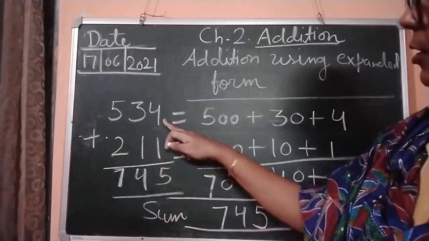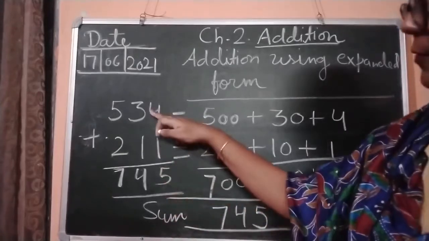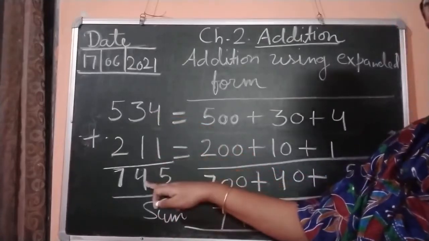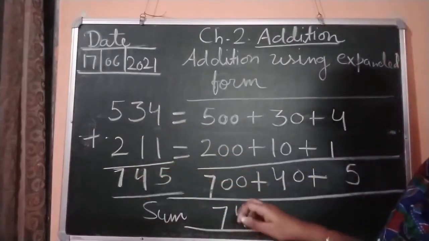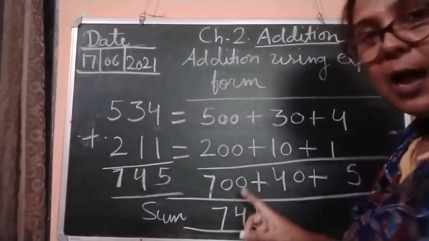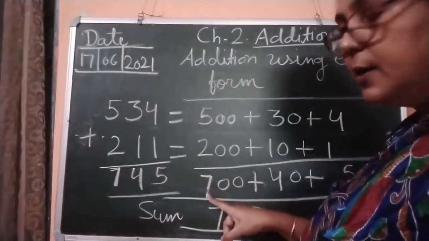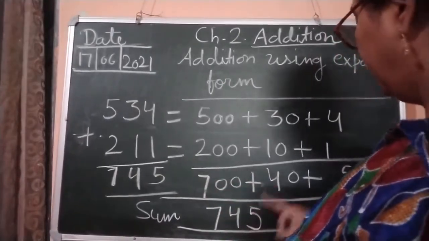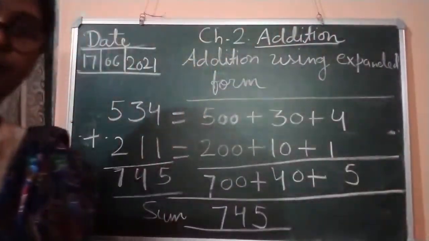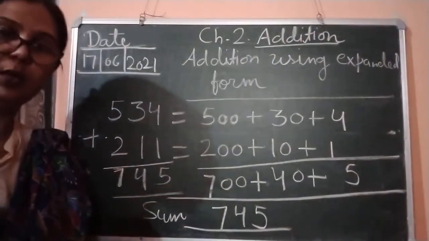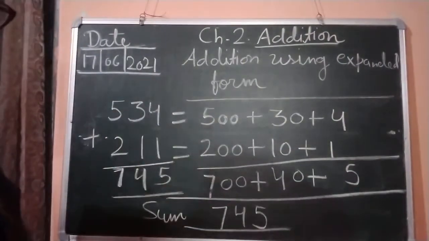It means 4 plus 1 is 5, 3 and 1 is 4, now 5 and 2 is 7. Now here you can see we have to write only the first number, that is 7, 4 and 5. So it will become the answer, or the sum of this total. So we have already done this in the expanded form.